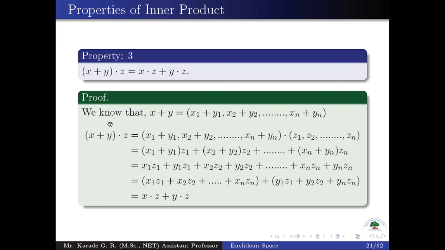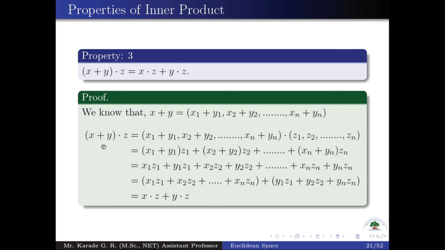Proof: we know that the addition of vectors x plus y equals x1 plus y1, comma, x2 plus y2, comma, dot dot dot, comma, xn plus yn. We know this.